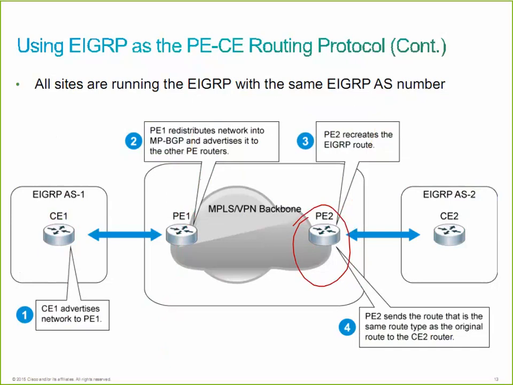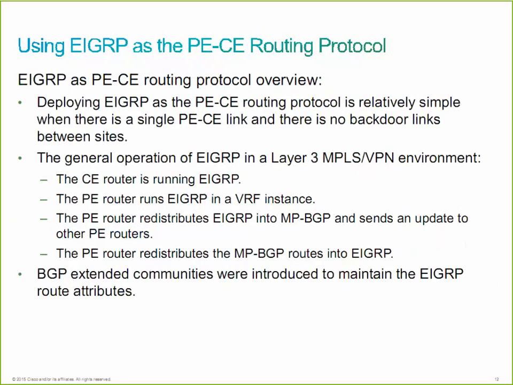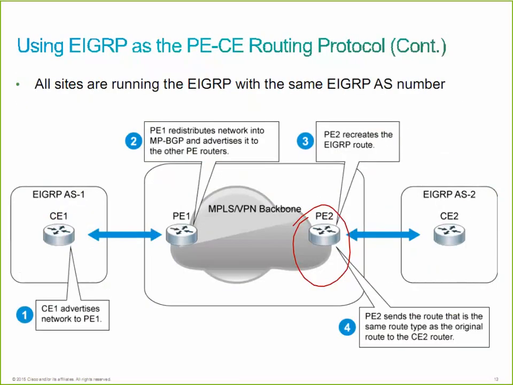Now, here's where the attributes come into play, because the PE2 router needs to recreate these EIGRP routes and send those EIGRP routes to the CE2 router. So I have to be able to exchange that routing information to that router.